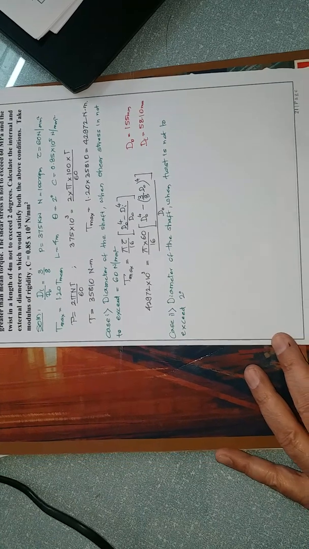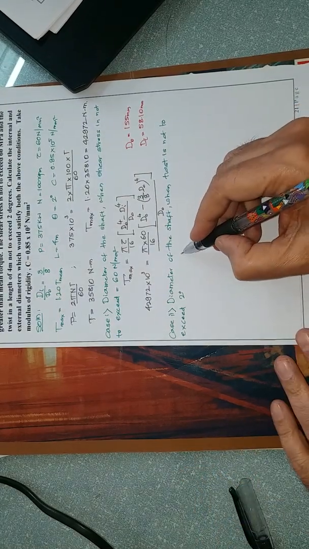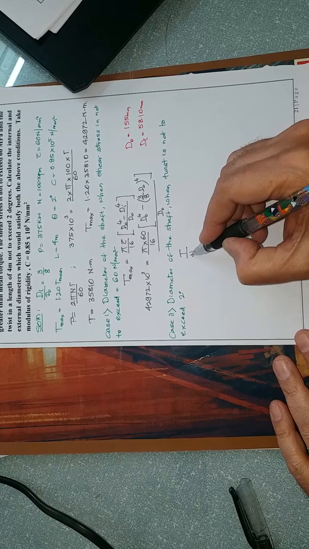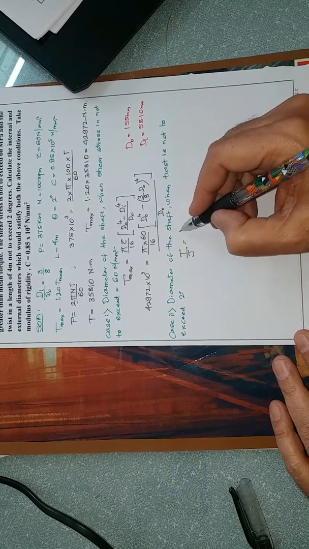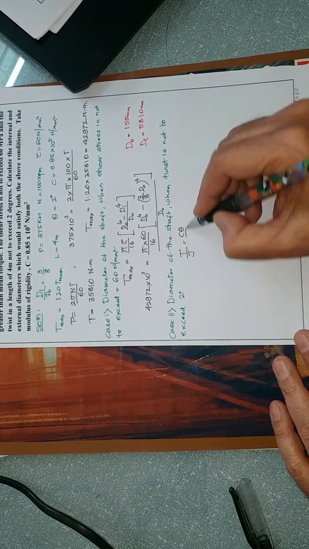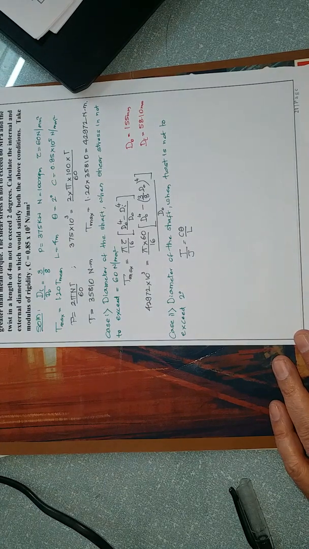So this is the next condition to be fulfilled. In that case you can use the equation T by J is equal to C theta by L.